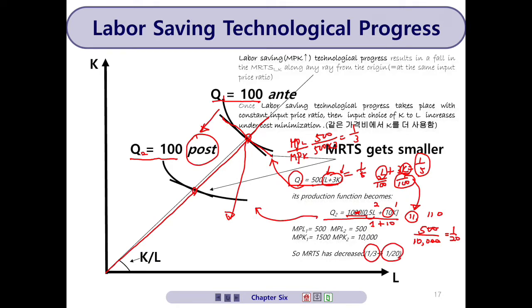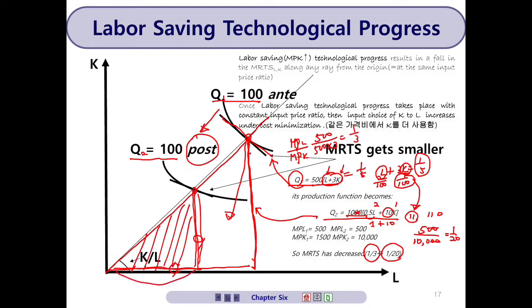For the same L and K, we can imagine a triangle, and these two have the same shape, the same angle and the same ratio between the sides. So the key thing is the ratio of L and K is the same, which means it is along the same ray. But what about the MRTS at this point?